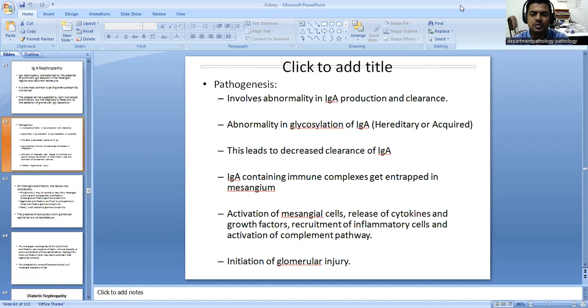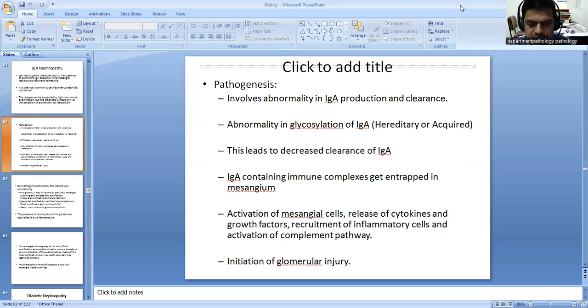Pathogenesis of IgA nephropathy. It involves abnormality in IgA production, that is immunoglobulin A production, and abnormal clearance of the IgA. Abnormality in glycosylation of the IgA, which may be hereditary or acquired, leads to decreased clearance of the immunoglobulin A, which in turn gets entrapped in the mesangium. IgA containing immune complexes get entrapped in the mesangium.